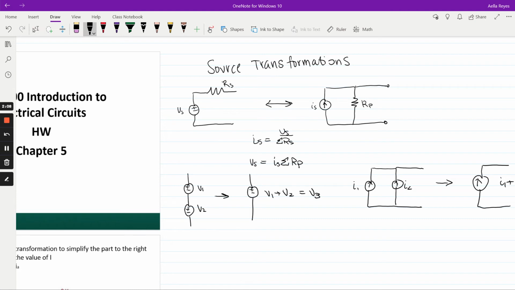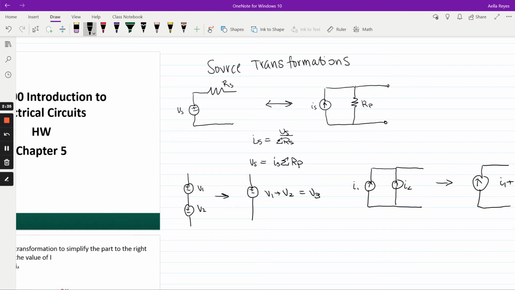So if you want to turn a voltage source in series with a resistor into a current source in parallel with a resistor, you want to find your new current source. And this is basically based off of Ohm's law. You take the voltage source divided by the sum of all of the resistors in the series, or just one.